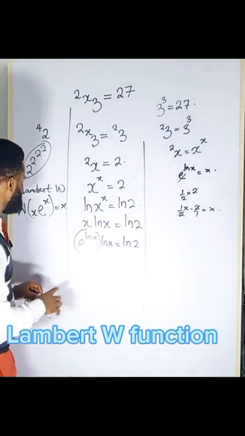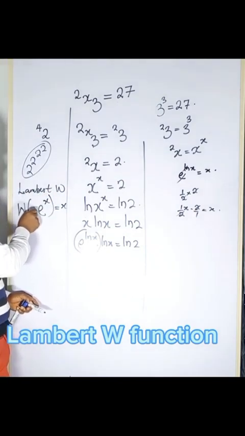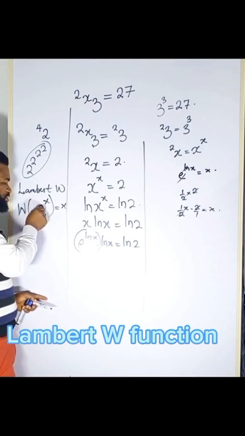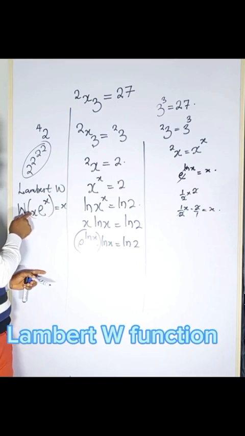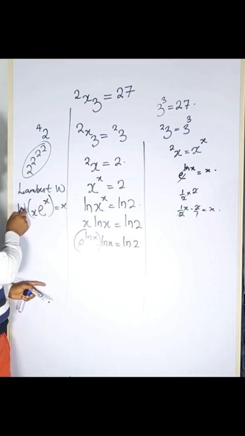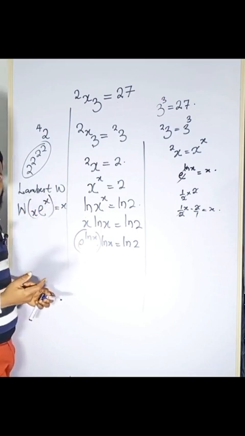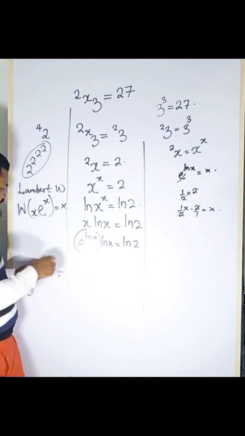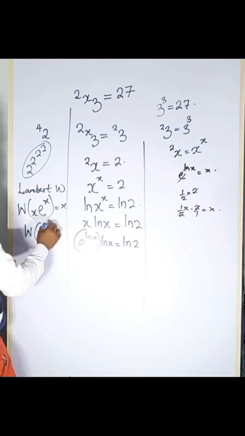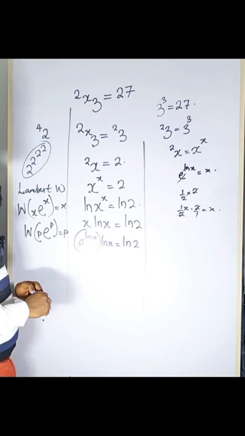That means I can only employ this Lambert W function if I can have a particular factor or number times e to a power which is the same as this. This and this must be the same thing. Its Lambert W function will give me just the letter, which is the power. The same thing goes if I have p e to the p, the answer is going to be p.